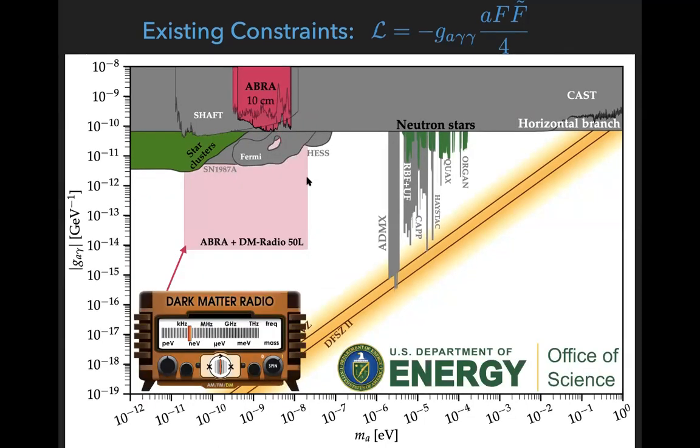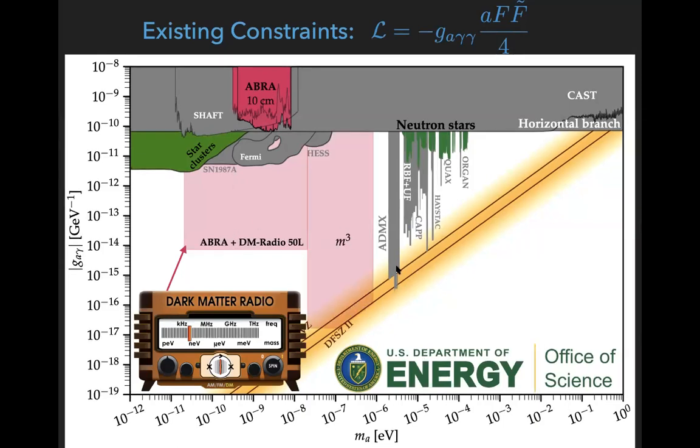But the really exciting thing about this program that I just want to quickly mention is that we scale very well with volume. We teamed up with the DM Radio collaboration at SLAC, and we received some preliminary funding from the US Department of Energy, and we're expanding out to a 50-liter version, which should have sensitivity something like what I'm showing here. We're also planning for a meter-cubed experiment, which will probe the QCD axion.